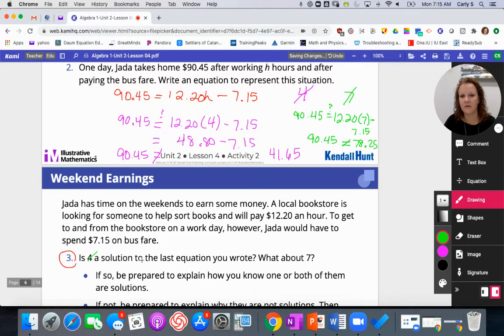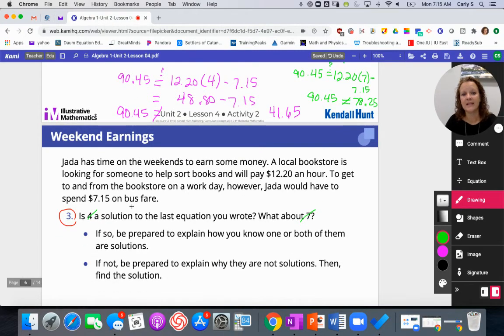Okay, 4 or 7. Explain because 4 and 7 did not make the equation a true statement.